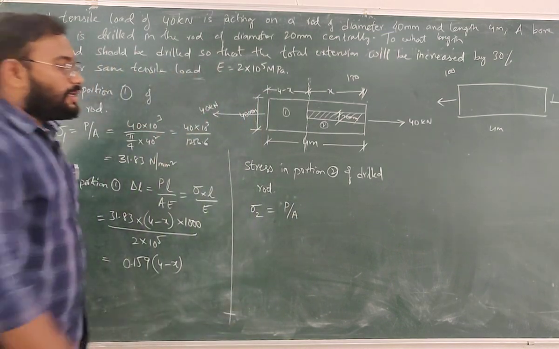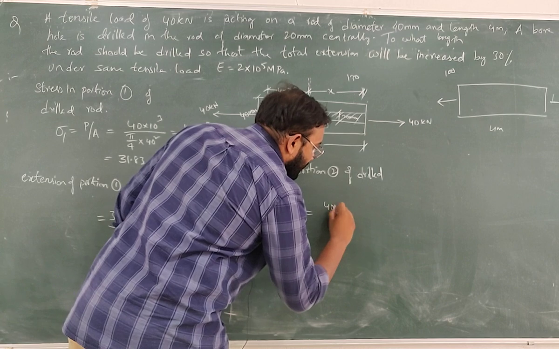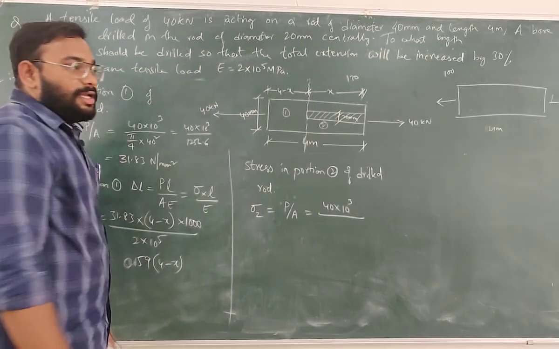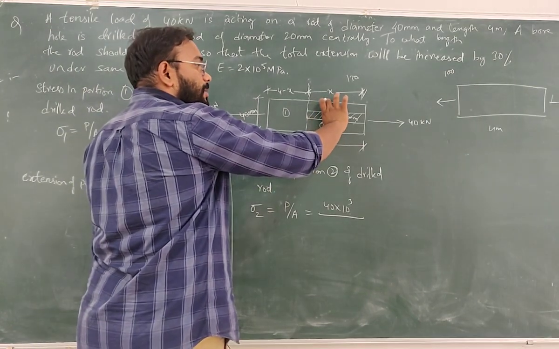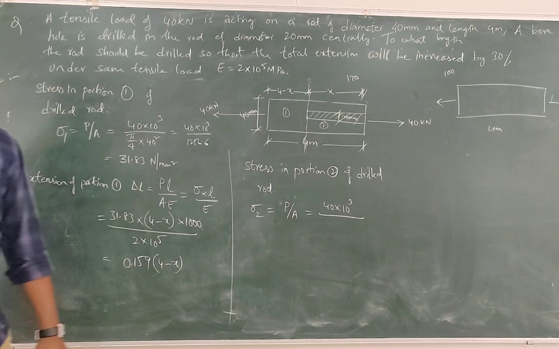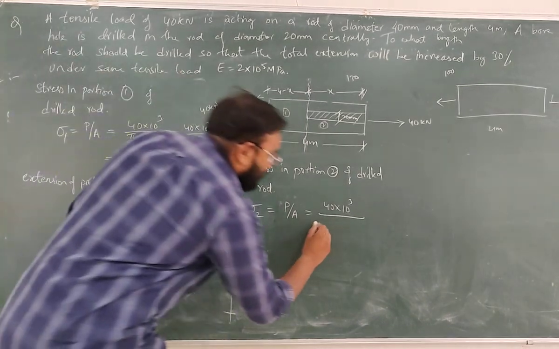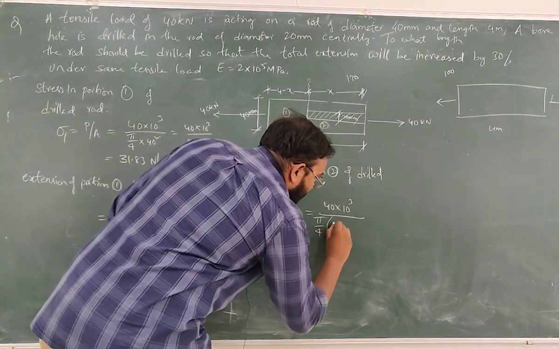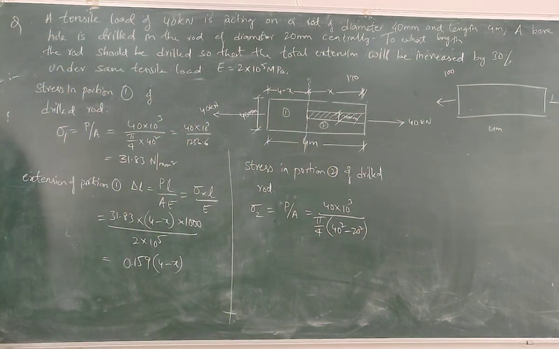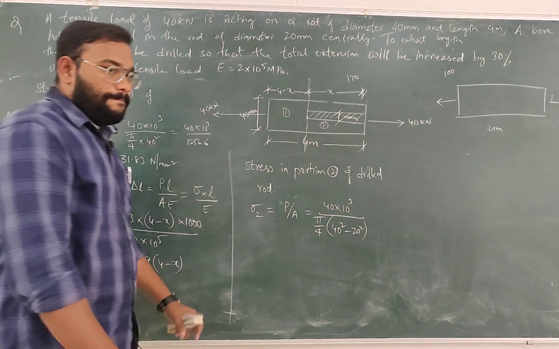Here what is the force? 40 into 10 power 3 divided by the area you need to calculate. It is pi by 4 into D square minus d square, you are subtracting the hole from that. So this will be pi by 4 multiplied by 40 square minus 20 square.